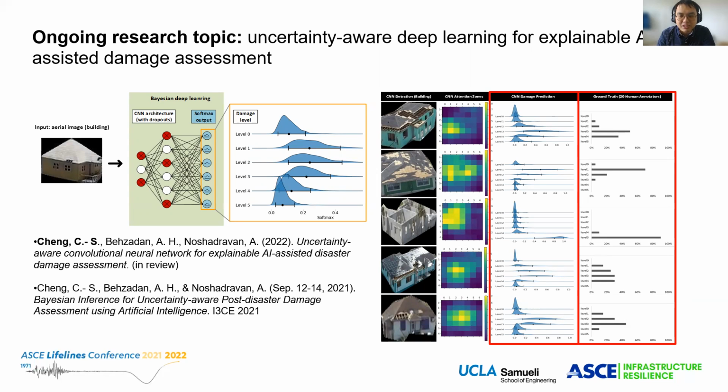Moreover, comparing this deep learning performance with humans, the third and fourth columns, the result generally shows a strong consistency between the CNN prediction and the overall human decision, by looking into the CNN damage prediction and ground truth.